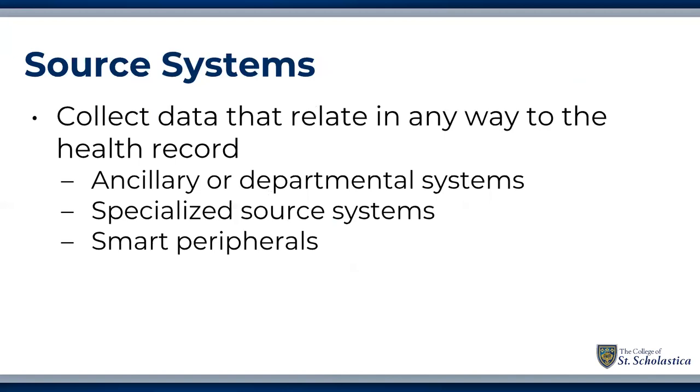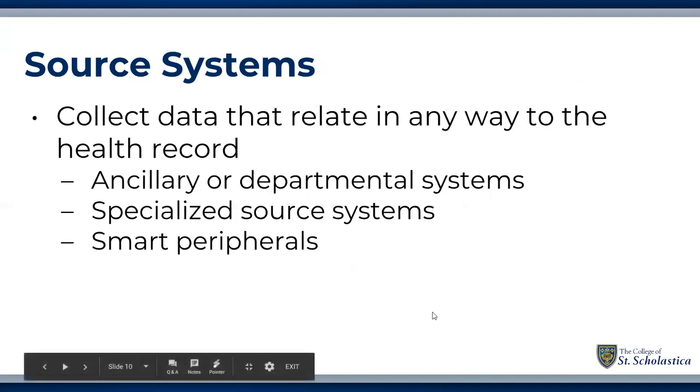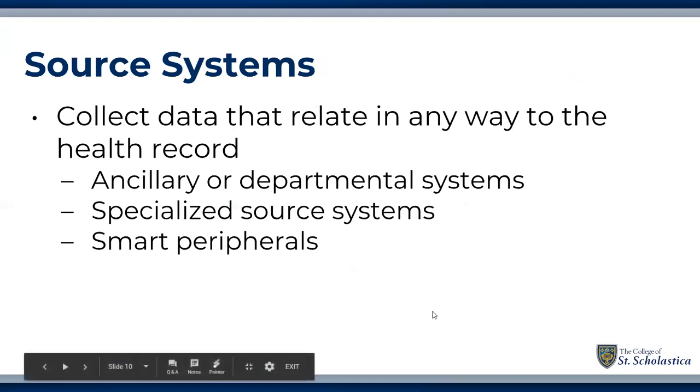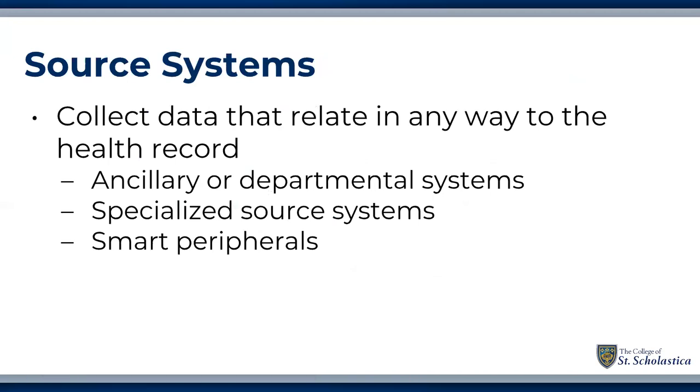Specialized source systems are distinguished by their clinical specialties such as cardiology or labor and delivery, or by the type of services such as intensive care unit or emergency department. Source systems may also include smart peripherals such as smart infusion pumps or robotics.